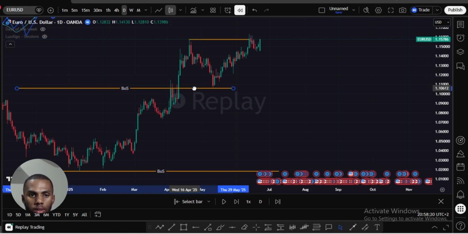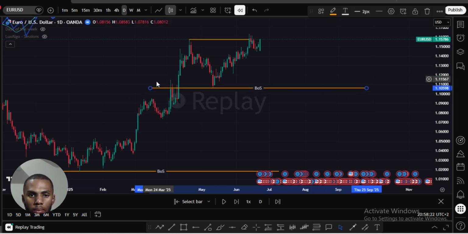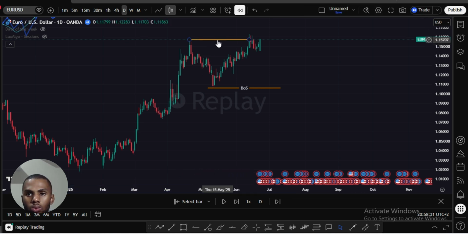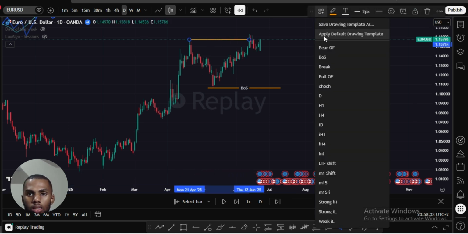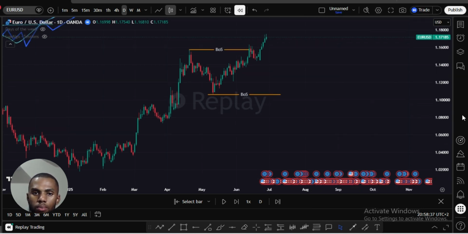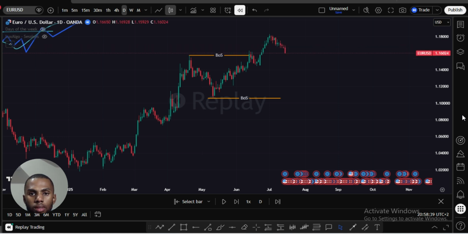So if the market comes down and breaks this low again, this will be our next break of structure. Let me delete this one because we do not need it. And this is our BOS. Let's play price forward and see what happens.